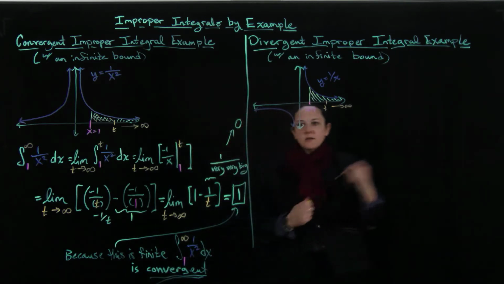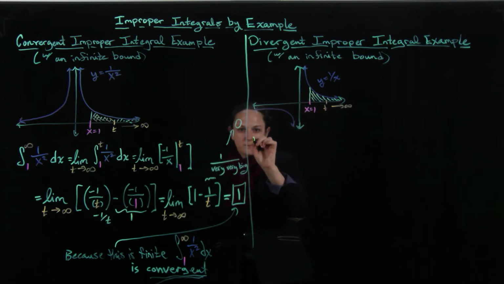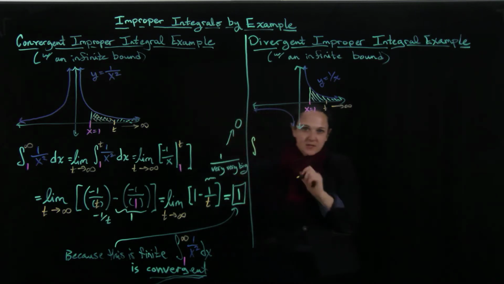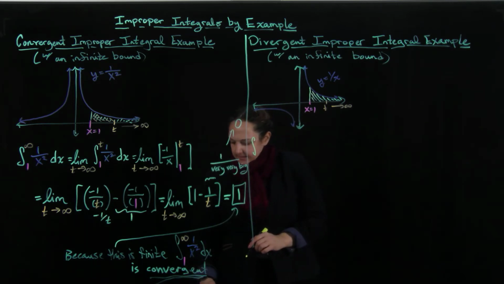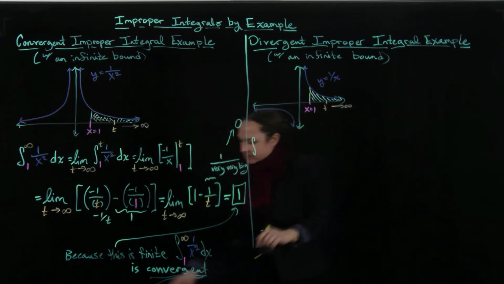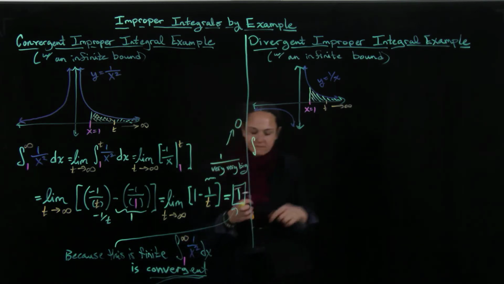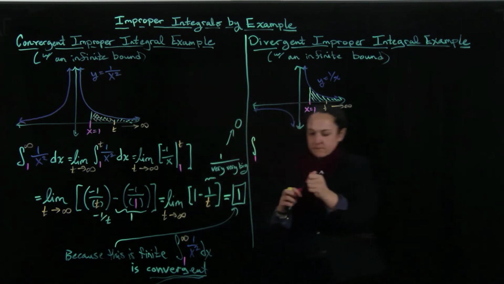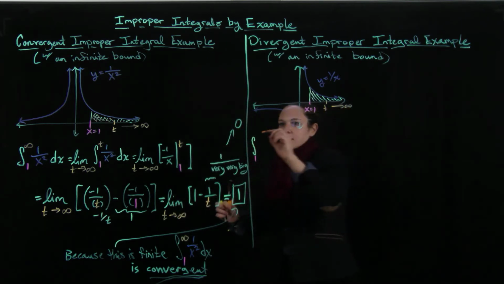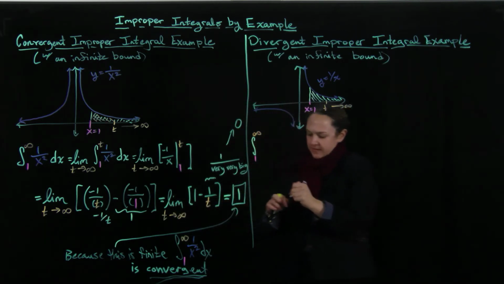So I'm going to take the integral. I am actually going to switch to yellow. My green is kind of running out. And so I'm going to take the integral, and I'm going to go from 1 to infinity. So this is going to go from 1 up to infinity.